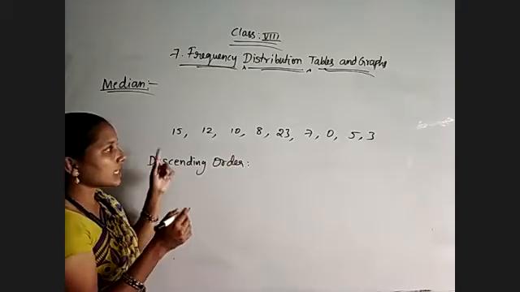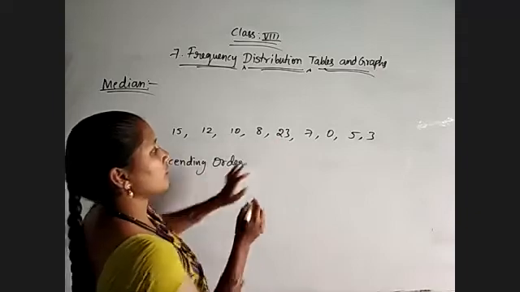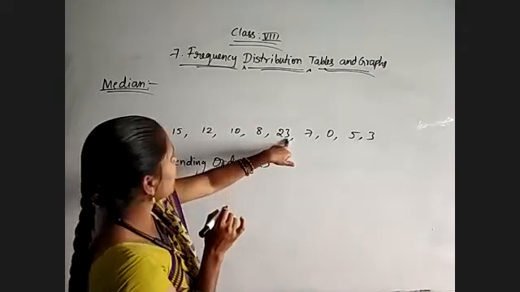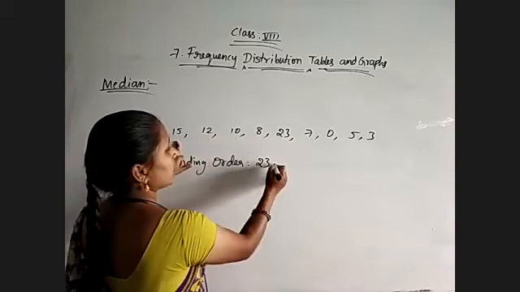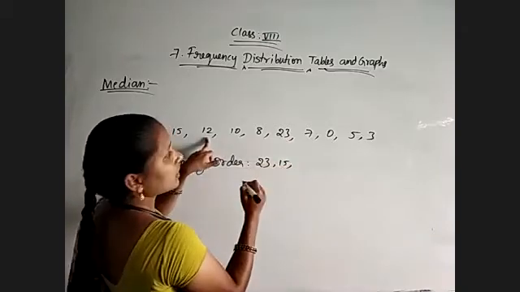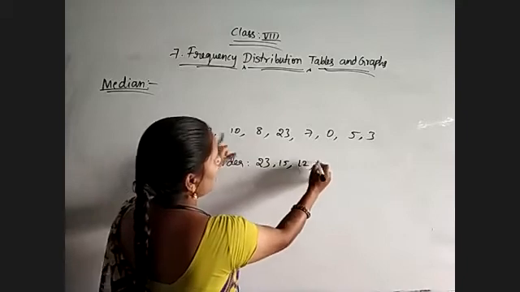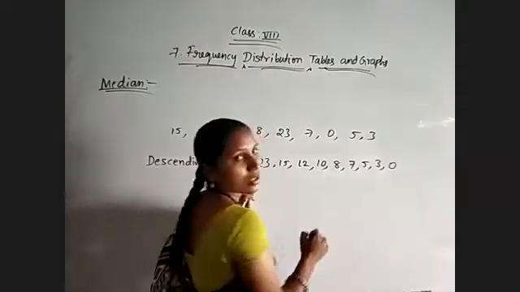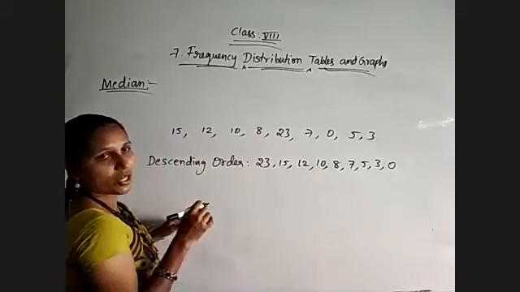So what is the biggest number here? 23. Then the next bigger entry is 15, then 12, then 10, and so on down to 0.